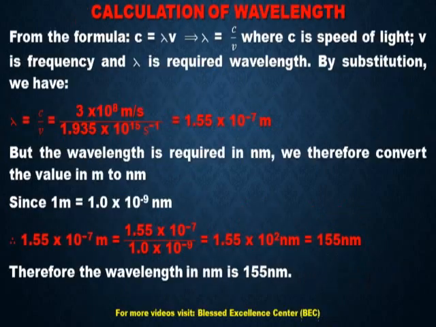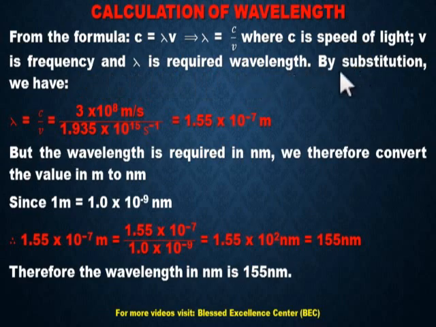All right. Now let's see how we can calculate the wavelength. From the formula that c is equal to lambda v, if you make lambda the subject of the formula, divide both sides by v, you have that lambda is equal to c over v, where c is the speed of light, v is the frequency, and lambda is the required wavelength.